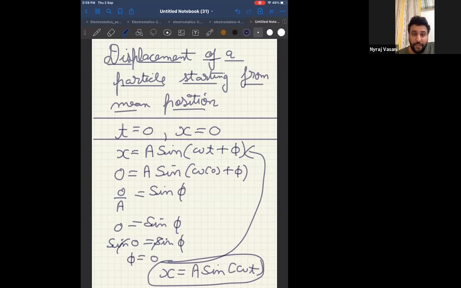With that, now you have 4 formulae for displacement. Listen to me. General formula, displacement at mean, displacement at extreme, displacement of a particle starting from mean.